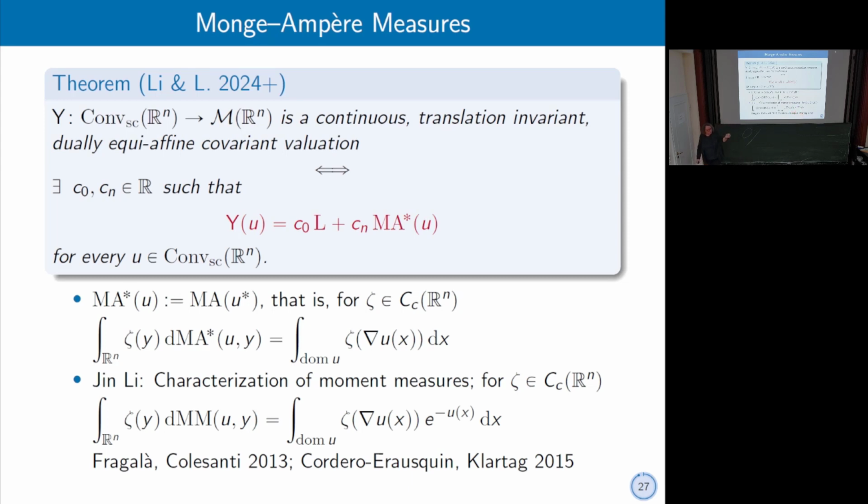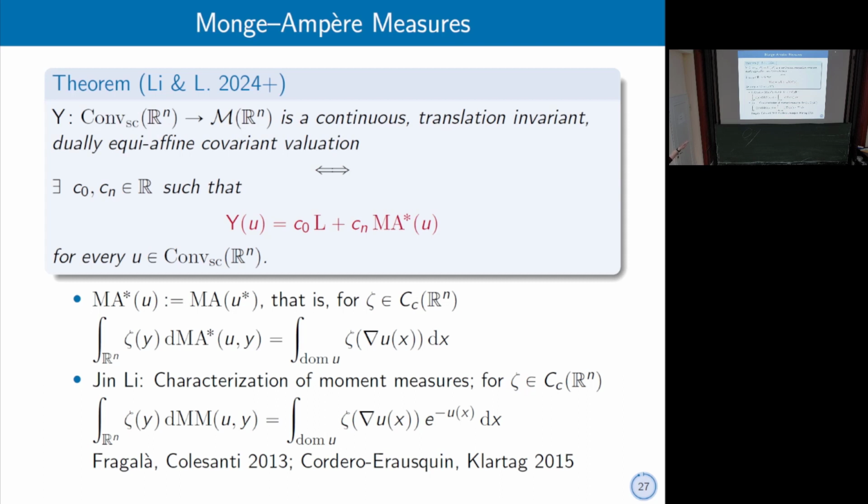I think this was first introduced by Ilaria Fragala and Andrea Colesanti, and they called it surface area measure. And Cordero and Klartag looked at this and the corresponding Minkowski problems, and they called it moment measures, and the reason for the name comes from Taylor geometry or something.